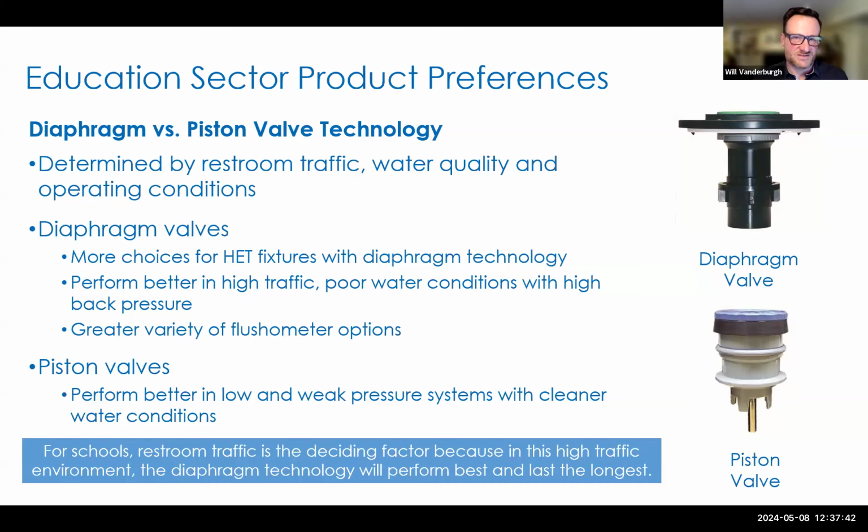However, piston valves tend to have a much lower lifespan because that rubber gasket that you can see around the outside of the piston valve there is moving up and down, as the name suggests, in a piston with every single flush activation. And once that rubber gasket has worn away, the valve fails in a run condition and will continue to flush until that valve is shut off and the piston itself is replaced.